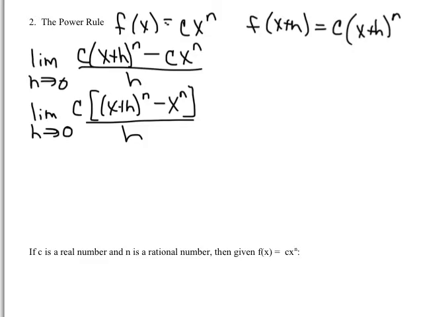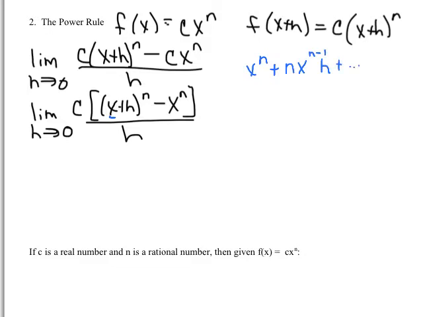So the binomial theorem, if I'm going to expand x plus h to the nth power, looks like this. My first term, if I were to multiply all the first terms, I would end up with x to the n. My second term, the coefficient in front is actually going to be the exponent, and then my x starts stepping down in power, and my h starts stepping up in power.